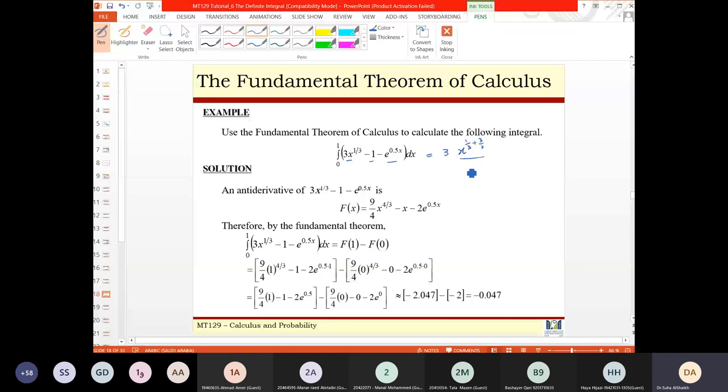So the integration of minus 1 dx is minus 1 times x. Minus, what's the integration of the exponential? It's the exponential of half x over half. In this case we don't write the constant of the integration because it's definite. It's the integration from 0 to 1.